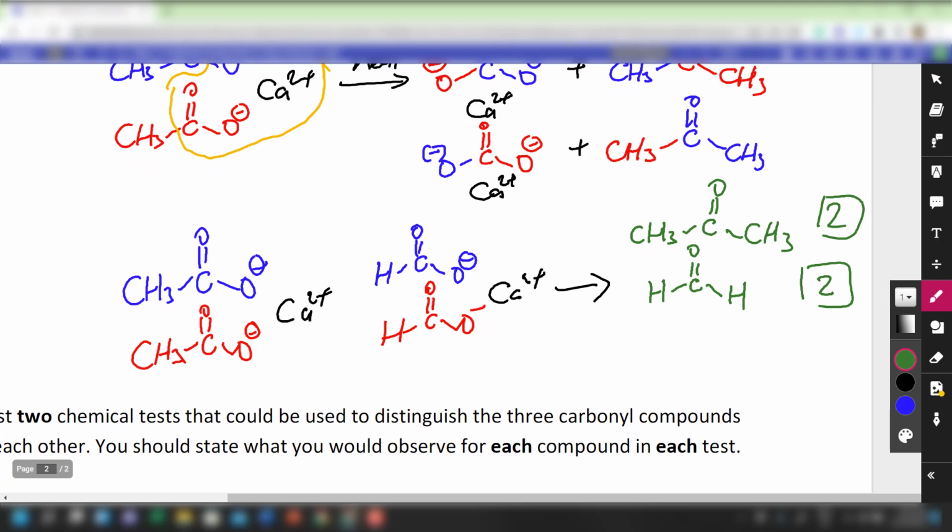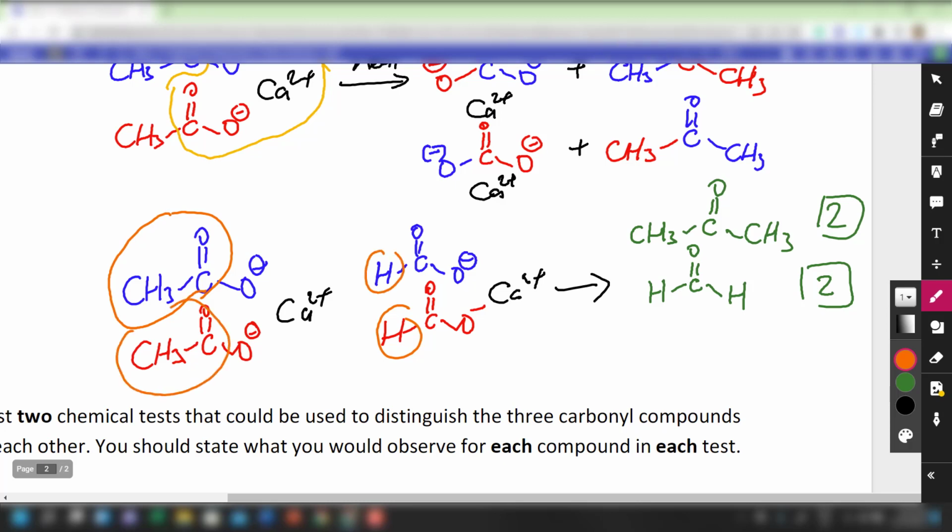And of course, it is possible for them to crisscross. I hope you can agree with me on that. How are we going to crisscross? So we can have this combination. I'm just going to circle it. We can have this combination, and of course this combination.